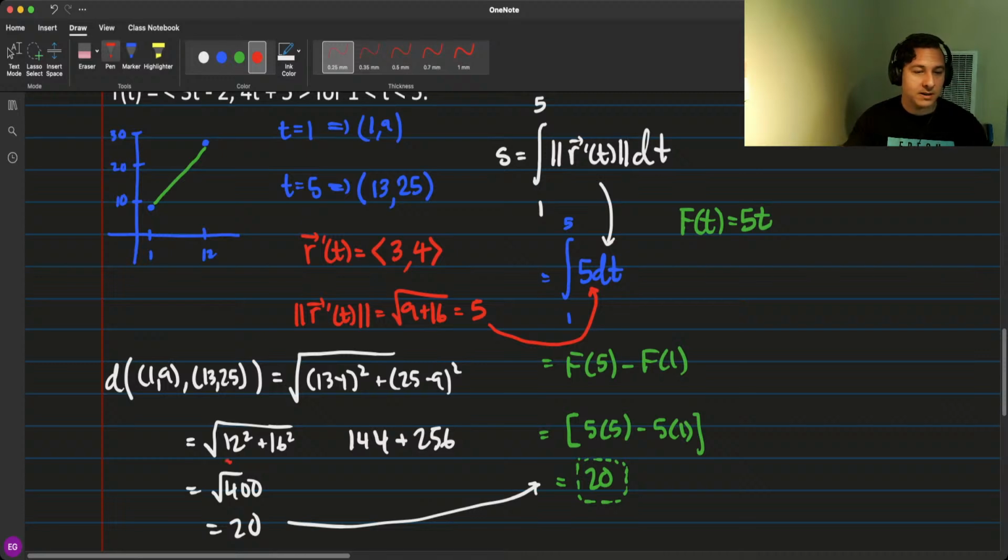This one right here? Because you do difference of x components. 13 minus 1 is 12.